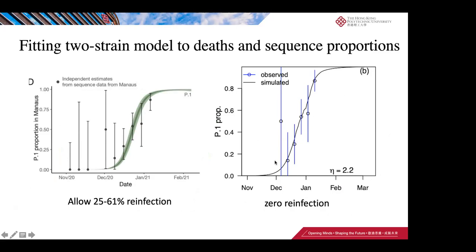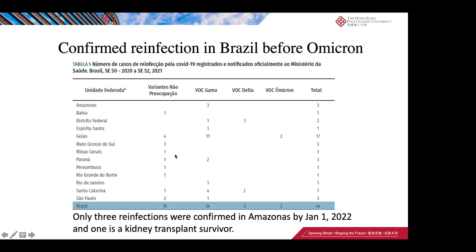This is my work with zero reinfection, and this is the official confirmed reinfection in the country. In Manaus, which is in the Amazon, only three confirmed. But we need to emphasize the true number is not 3. This is what was confirmed, but how much these 3 represent is the question.